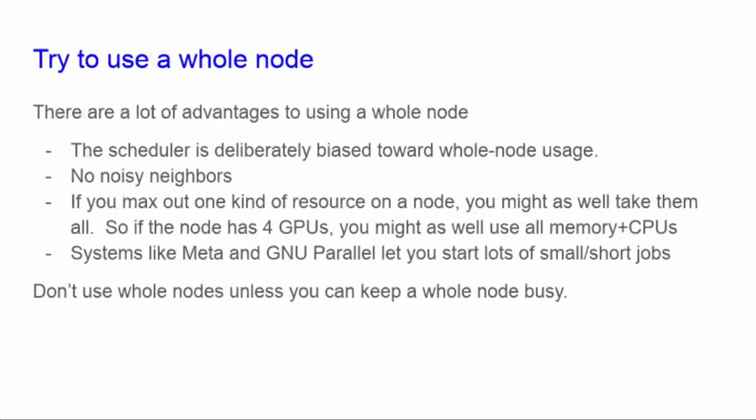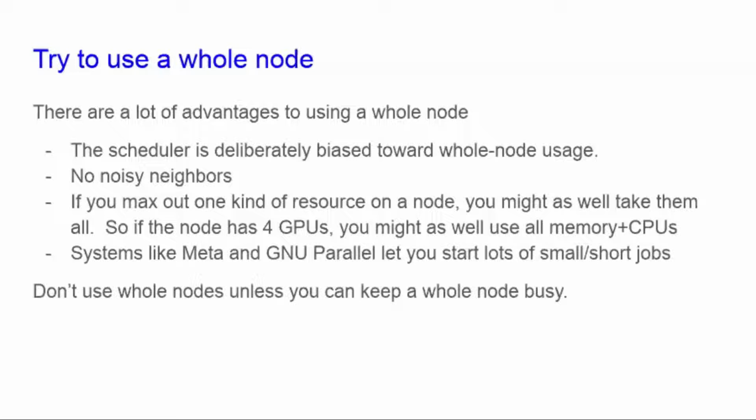Another reason to bundle short jobs together is that we have a pretty strong bias in the scheduler for whole nodes. That is, if you just submit a serial job, of course, it's not a whole node job. It only takes a single core. If you submit an MPI job that uses, say, 32 cores, and you're thinking, oh, I happen to know that Graham, for instance, has 32 core nodes, it won't necessarily run on a whole node.